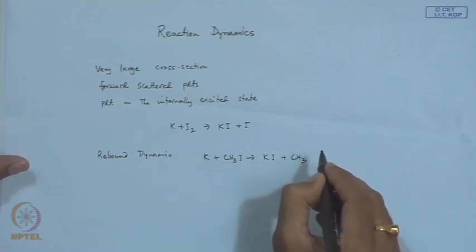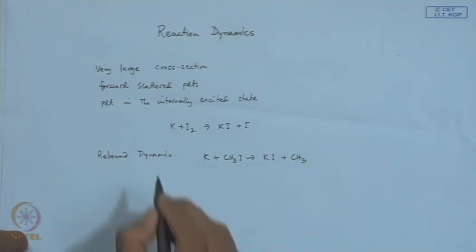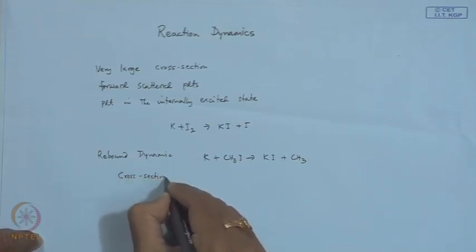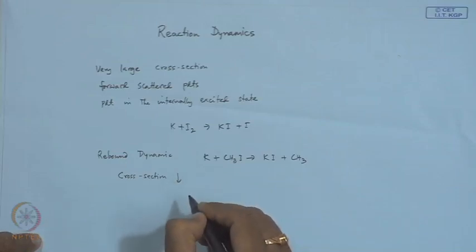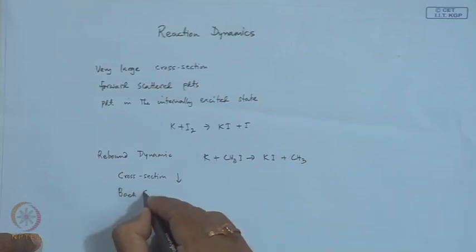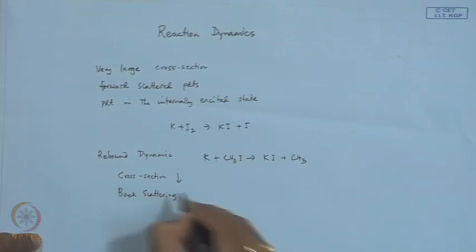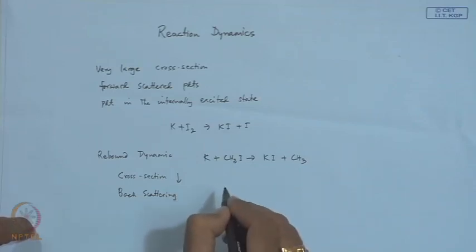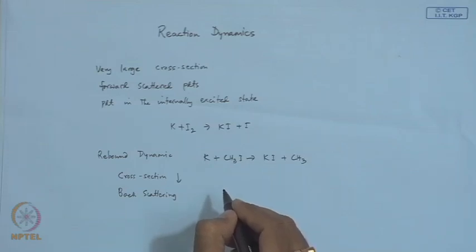In this particular case, the cross section is small, and we get back scattered product, and the energy is mostly in translation form. So, that we talked about. You can have other examples like fluorine plus hydrogen giving rise to HF plus H, where HF is in the vibrationally excited state.